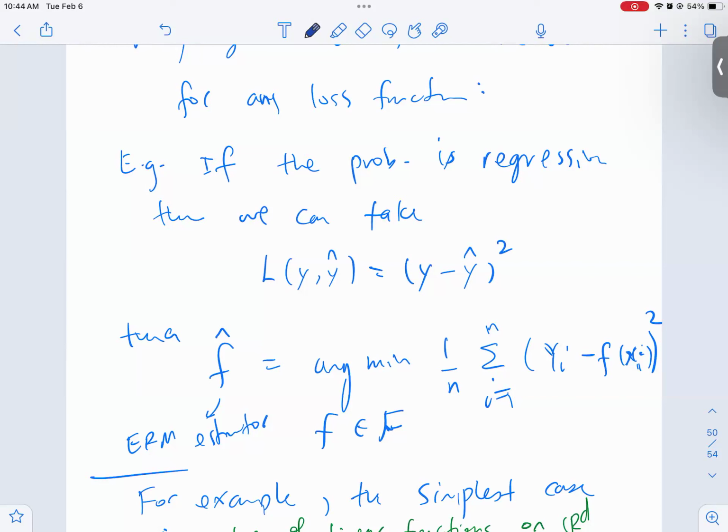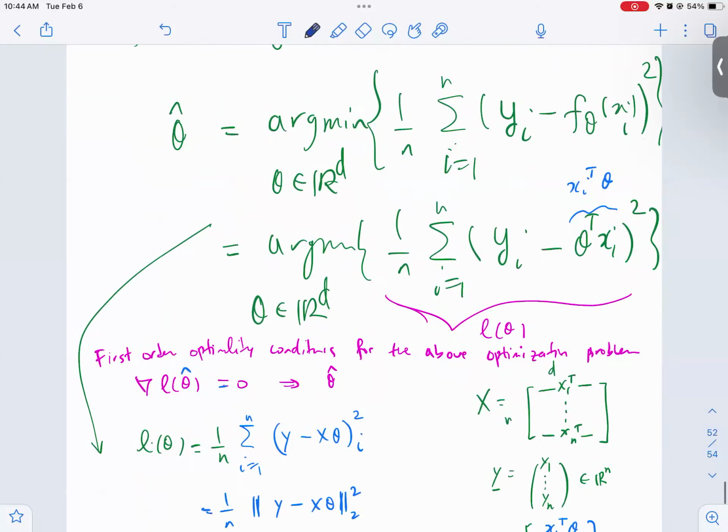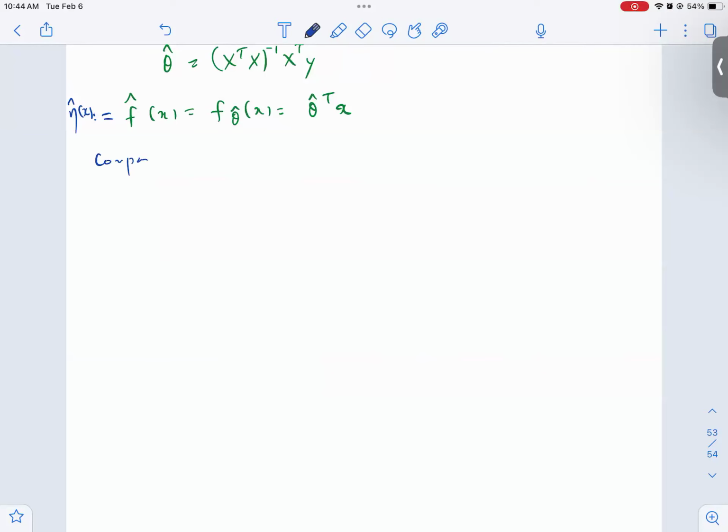So the actual f star, without any restriction on the function class, is the optimal rule under the quadratic loss, a.k.a. the corresponding MSE risk. It is eta star, which is the expectation of y given x.